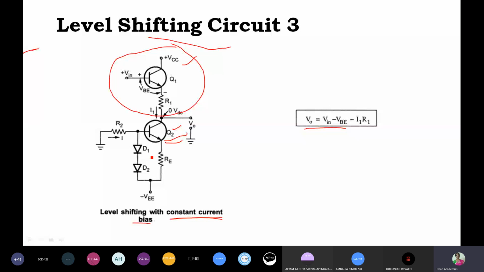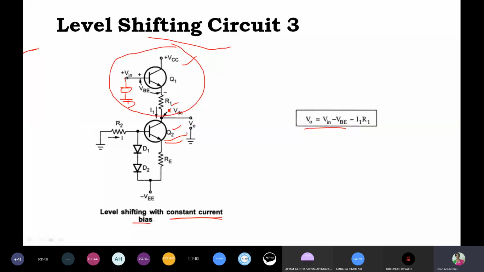Now for this circuit, let us write KVL. The other end of V in is connected to ground, so taking the DC source, the other side is grounded. When we write KVL, V naught is equal to V in minus VBE minus I1 R1.